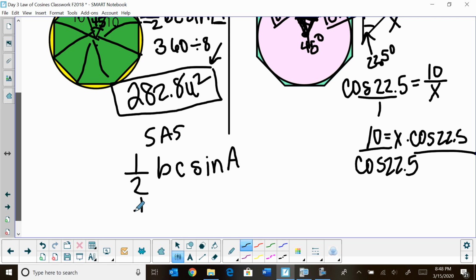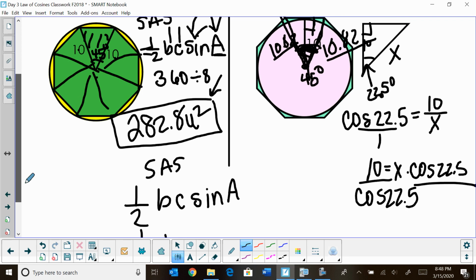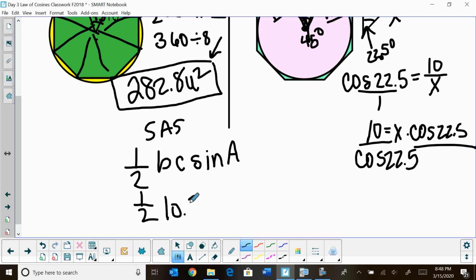So we take 1/2 of 10.82 times 10.82, or you can just square 10.82, times sine of the central angle, 45 degrees. Be careful.